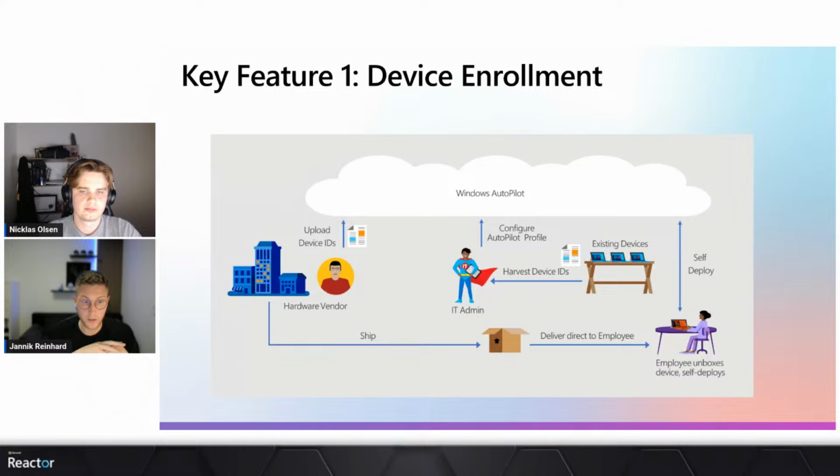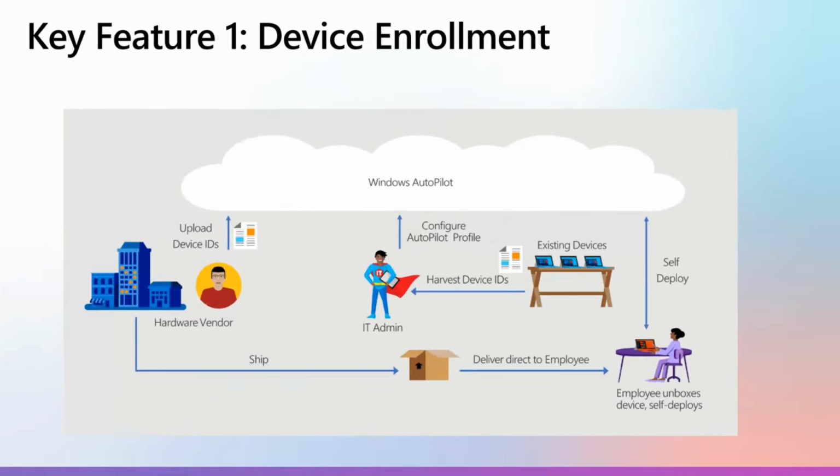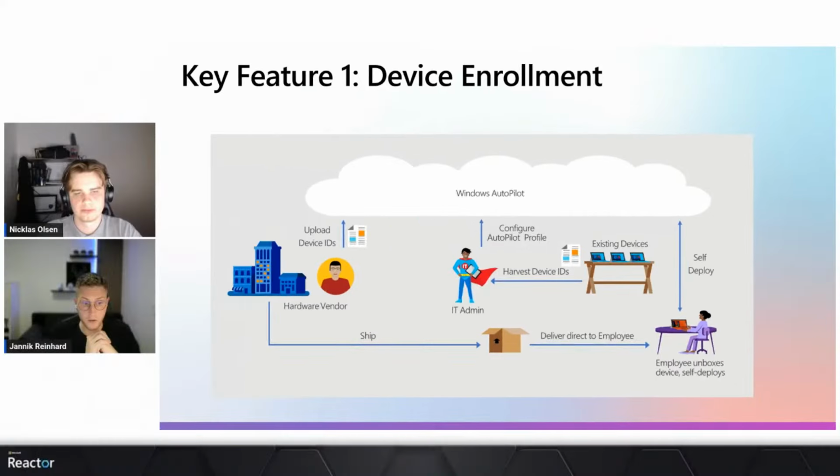One is you enable your OEM, your vendor, to do this on your behalf. This means you can give them the permissions and they can register your devices in your tenant. But you can also do this as admin. You can upload these hardware hashes into your tenant, but there are also a lot of nice tools out in the field from the community, which make this registration process much easier.